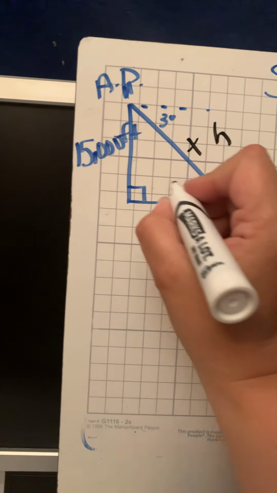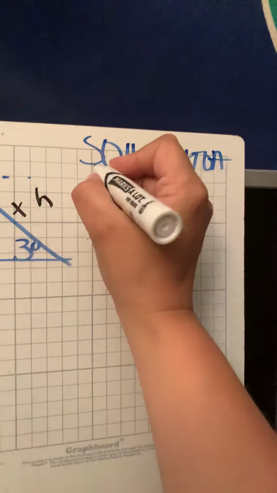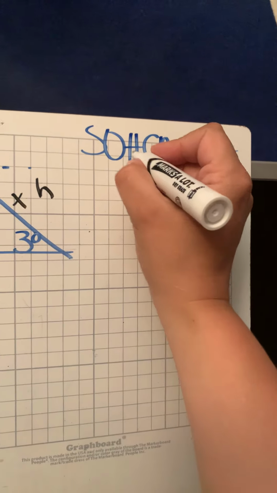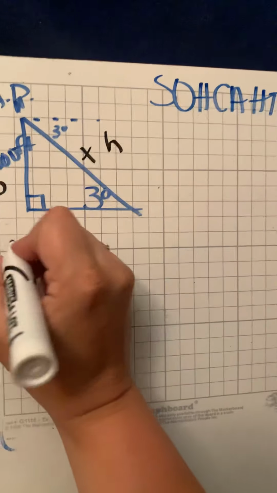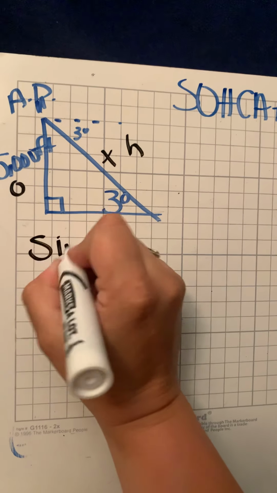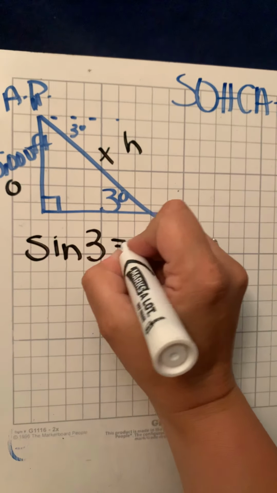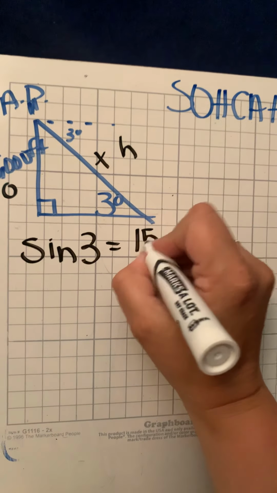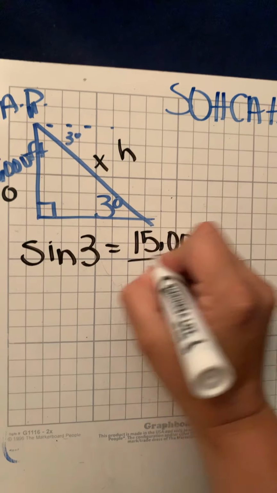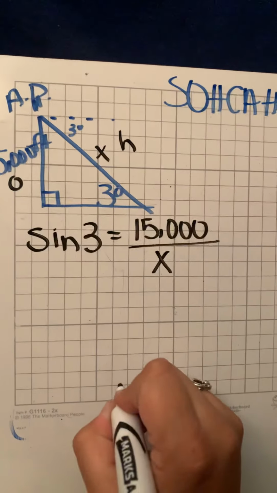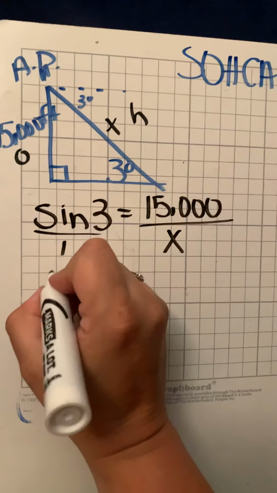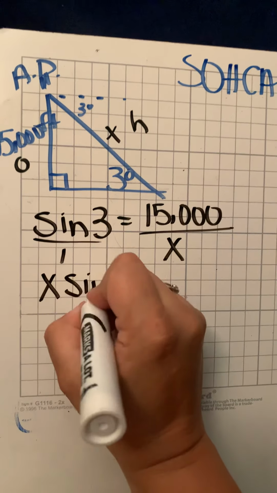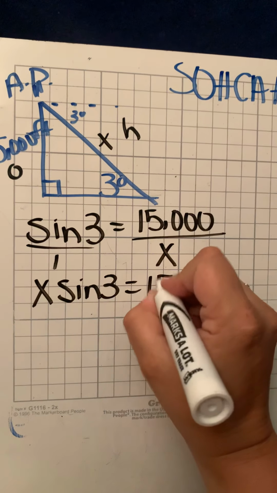According to this angle, that is your opposite. Sine is opposite over hypotenuse, so that's why I'm going to use this trig function. I would write this as sine 3 equals 15,000 over x. Again, this is a proportion, so just stick it over 1. Cross multiply: x sine 3 equals 15,000.